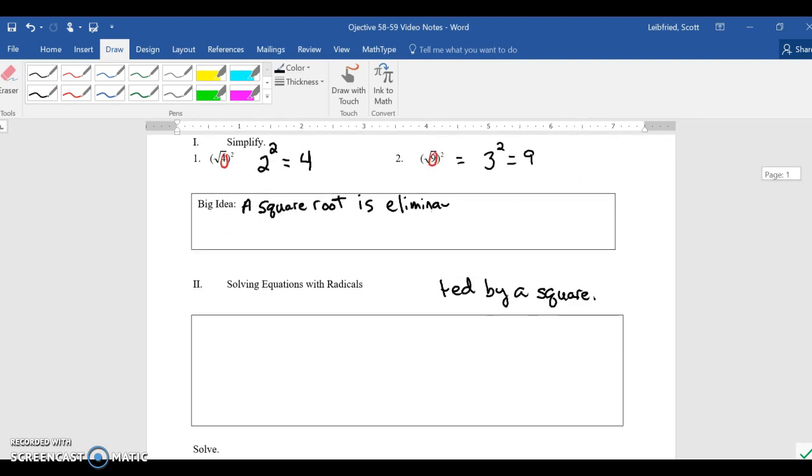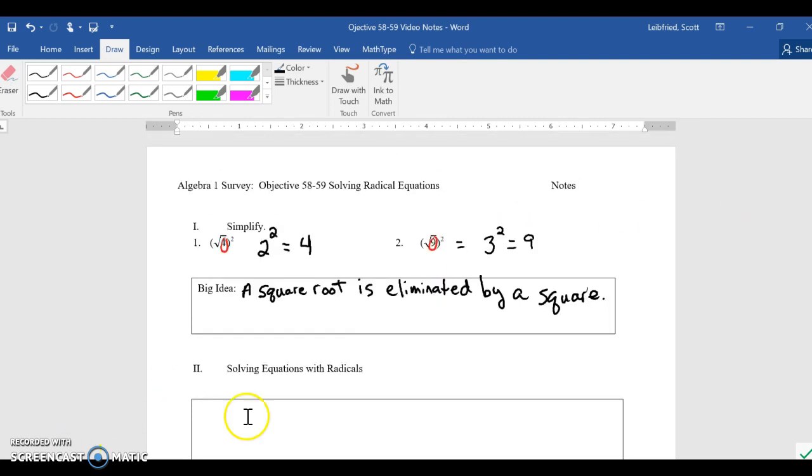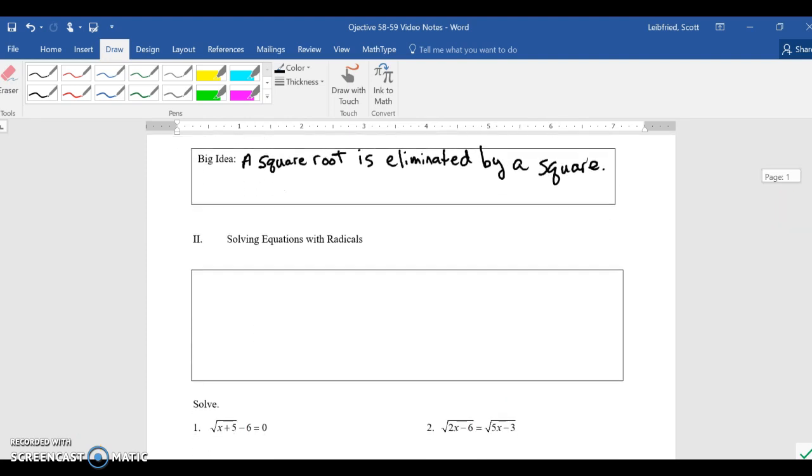Solving equations with radicals. We have to figure out some steps before we actually solve these. When we look at problems number 1 and number 2 below, there are steps we want to follow every time. Step number 1 is we want to isolate the radical.